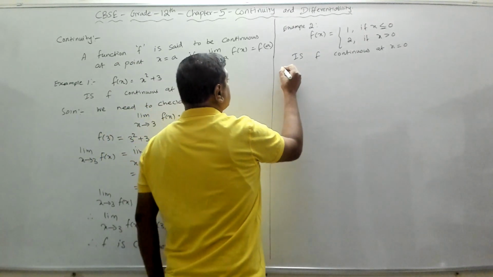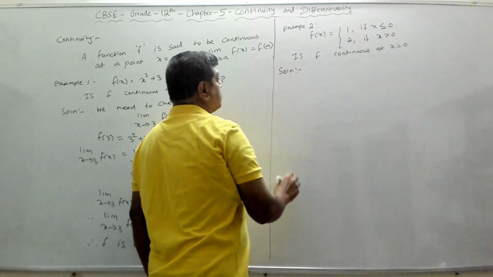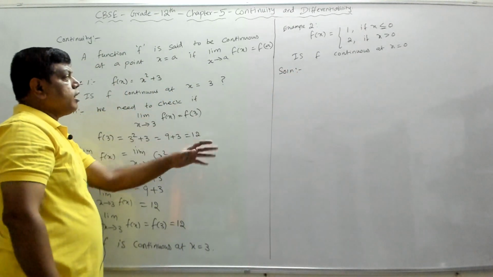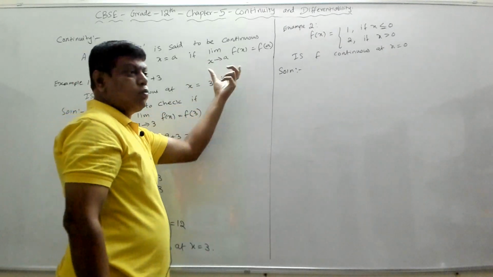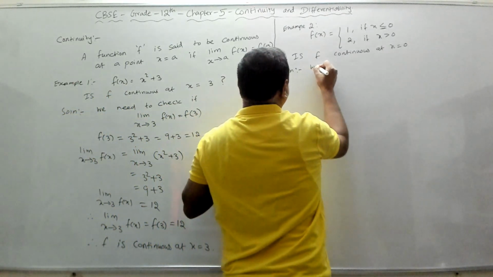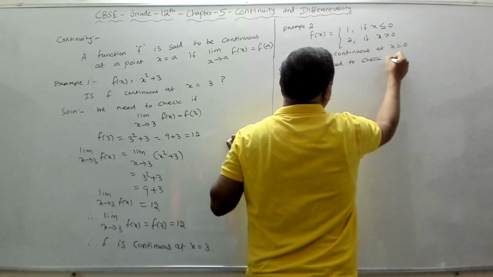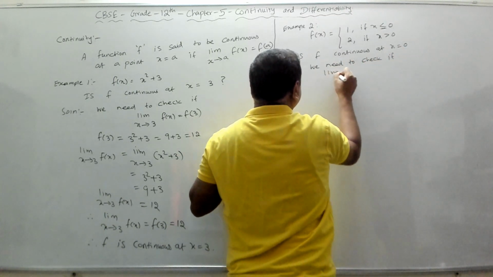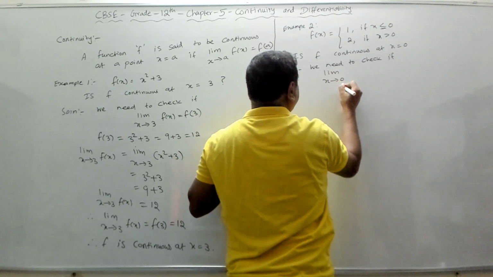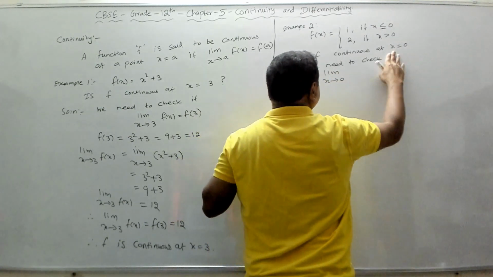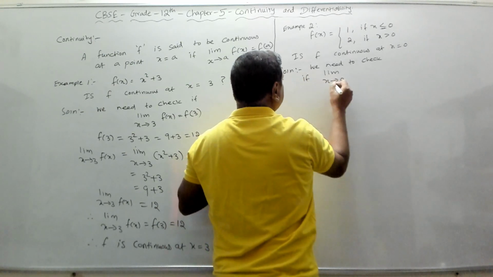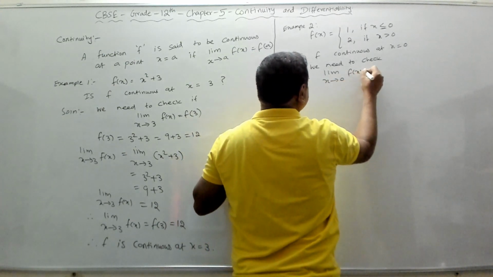Now, the solution. To check whether f is continuous at x equal to a, we need to check this condition. So what do we need to check? We need to check if the limit as x goes to 0 of f of x is equal to f of 0.